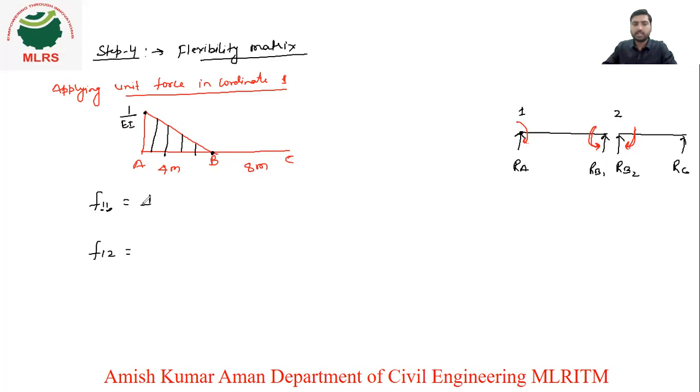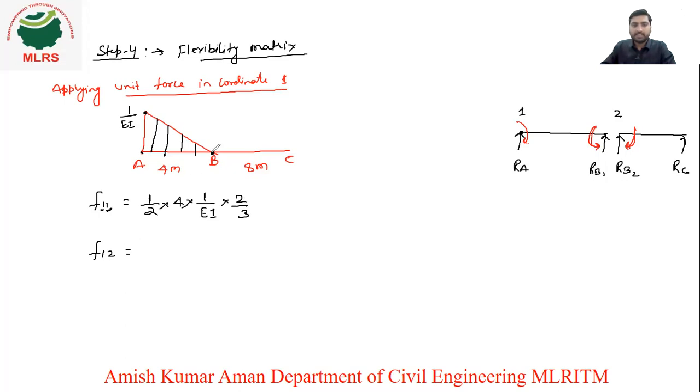What will be the area? Half into base 4 into height 1 upon EI. So 1 upon EI into, if we are taking at this point, then we will take 2/3.